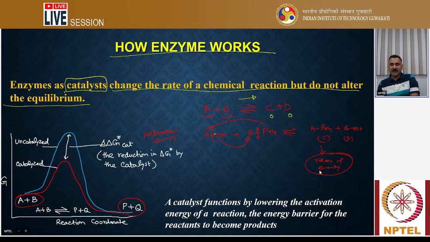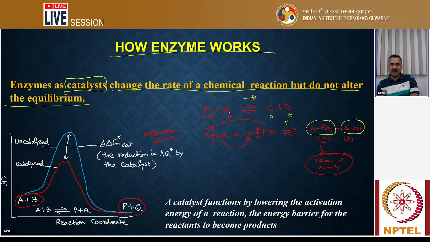The bond between A and OH is broken, and the bond between B and phosphate is broken, and then the phosphate group is transferred onto A, and the OH is transferred onto B. As a result, you get C, which is A phosphate, and D, which is BOH, right? These are the products C and D, made by this particular enzyme.